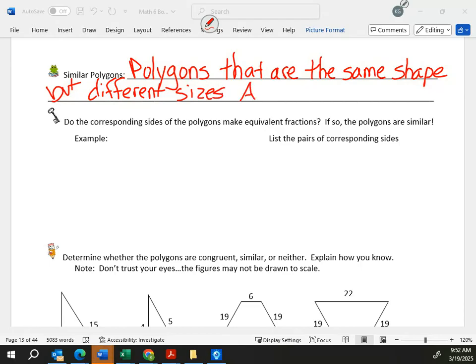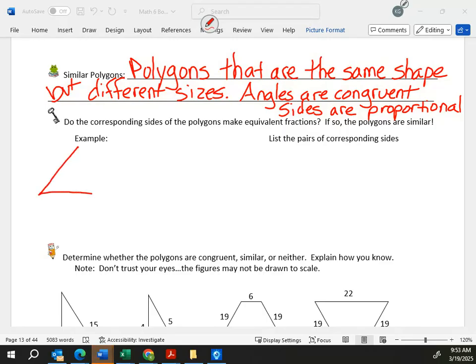So the angles are congruent. And the sides are proportional. So they're growing and shrinking at the same rate. We learned about those being proportional in a previous objective. And we're going to see how we use that with our polygons.